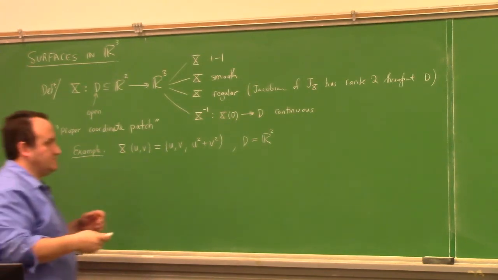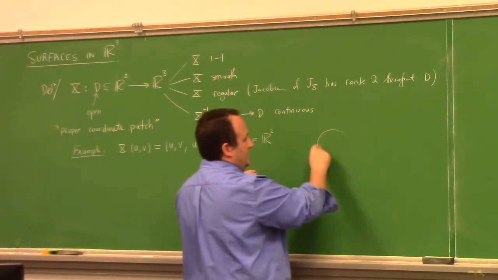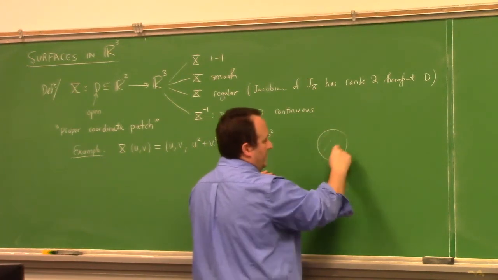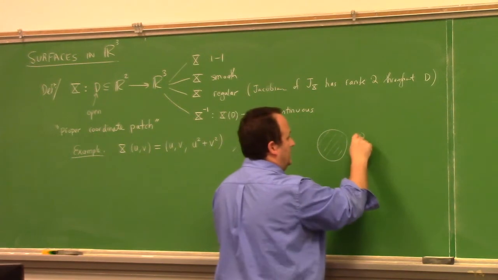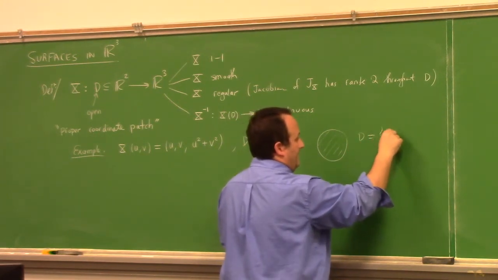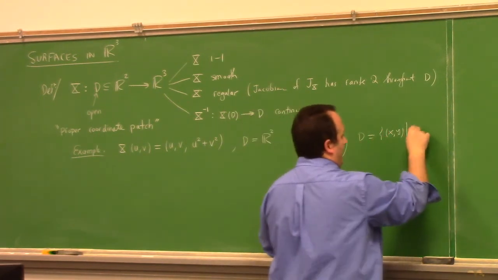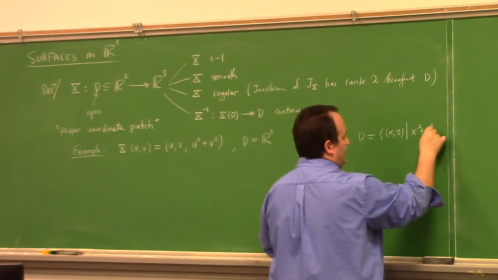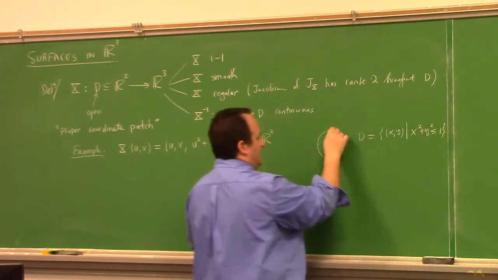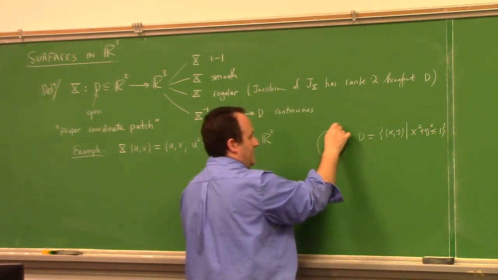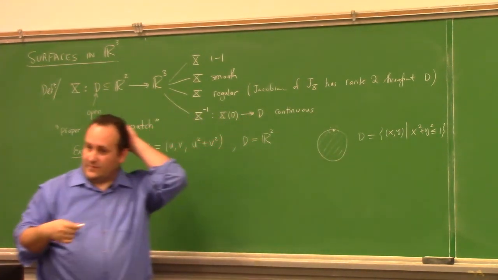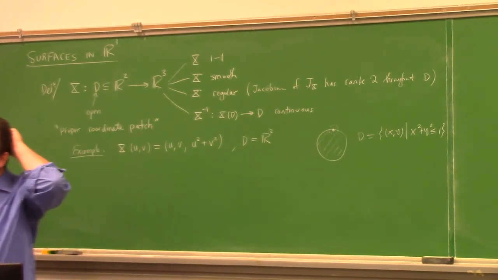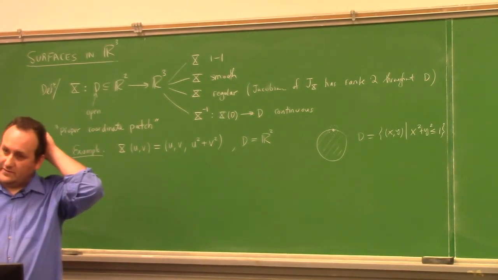Well, if I take for example the closed disk, this is not open in the plane, because if I take this point on the edge, I cannot find an open disk around that point which is inside the set. So points on the edge are not interior points.